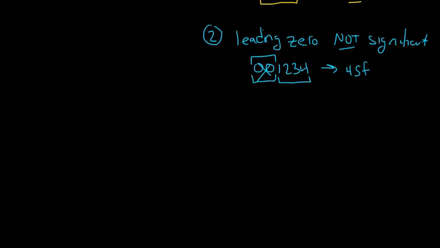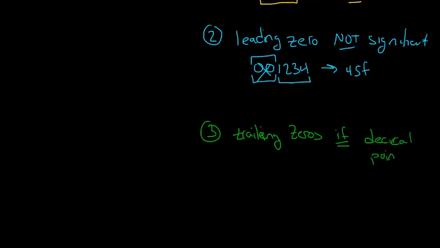This leads us to our third rule. Our third rule tells us that trailing zeros, so these are zeros at the end of a number, can be significant if there's a decimal place shown. If there's a decimal point shown, then trailing zeros are significant. For example, if I have 123400, then these 2 zeros are not significant because I don't show a decimal place anywhere.